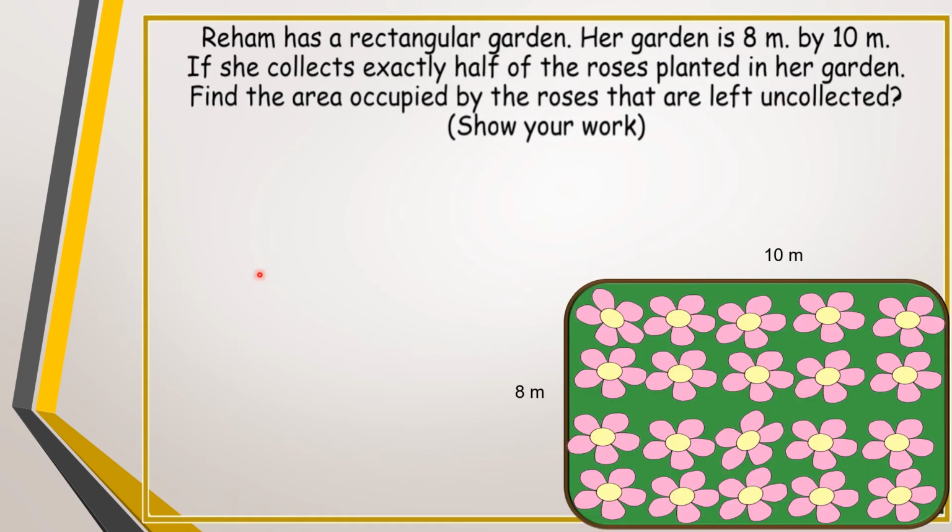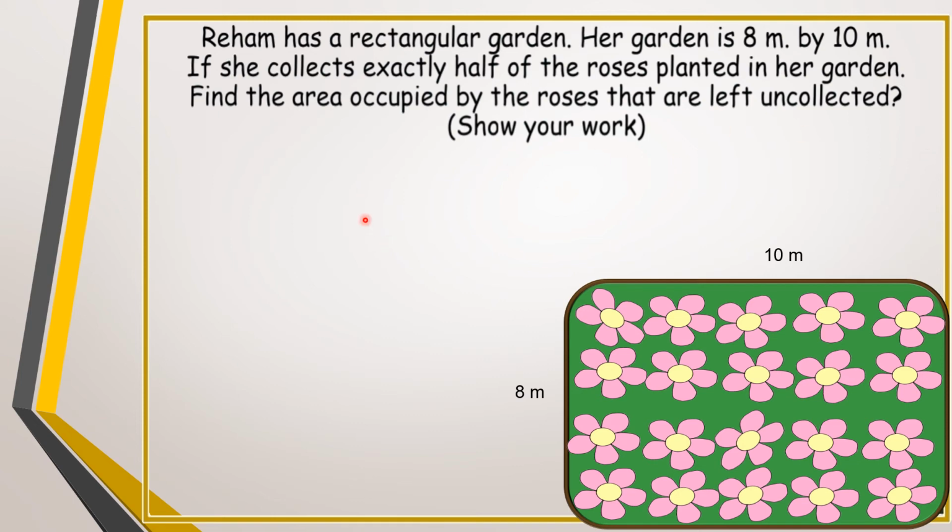Riham has a rectangular garden. Her garden is 8 meters by 10 meters. If she collects exactly half of the roses planted in her garden, find the area occupied by the roses that are left uncollected.